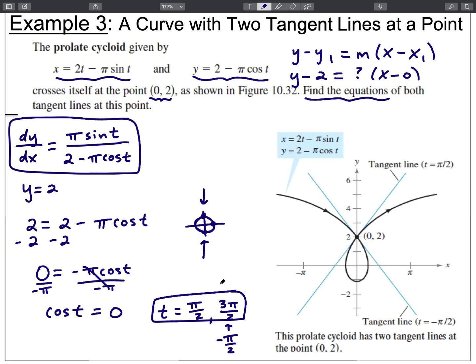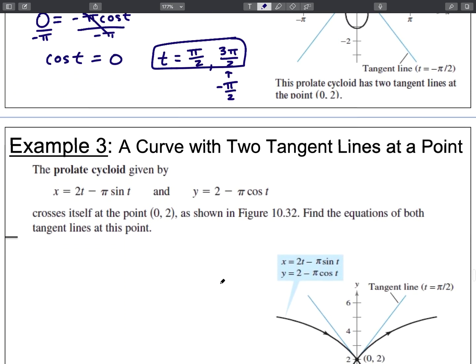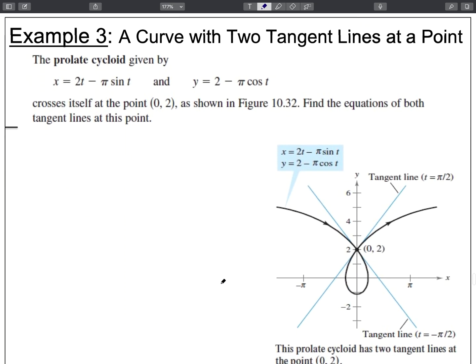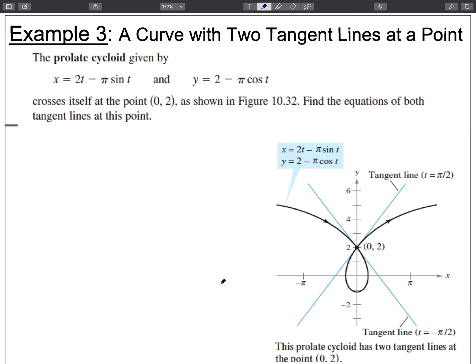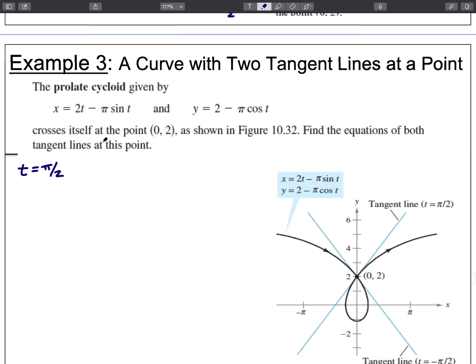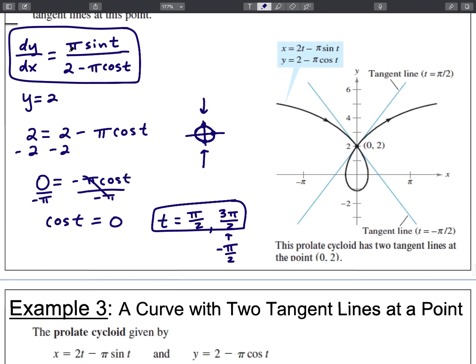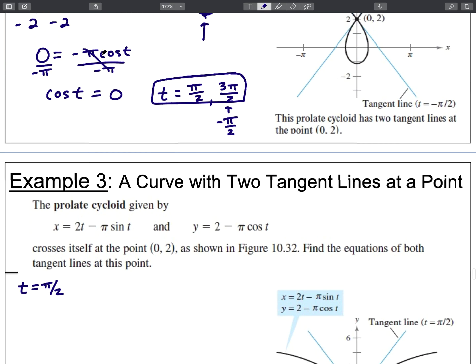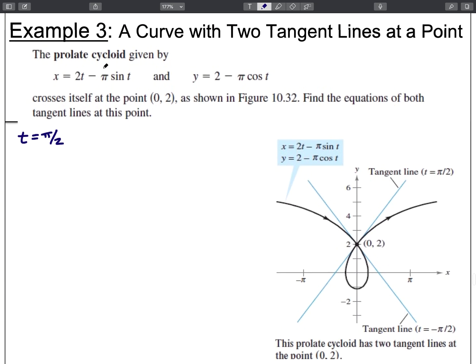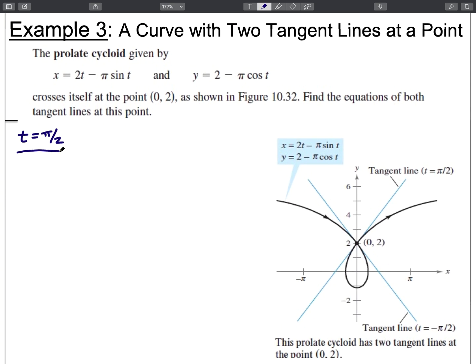All right, so let's see what happens. Maybe we'll start with t is pi over 2. Again, I'm just having a fresh slide here, so I have some space to write. So what about t at pi over 2? If we take our derivative, we can plug in. I'm plugging it into this guy right here. I've got pi times sine of t, so this would be pi times sine at pi over 2.